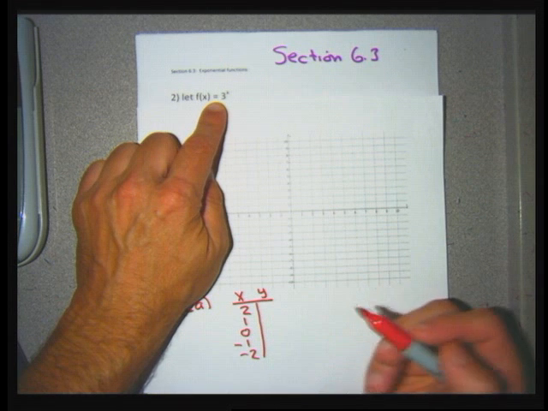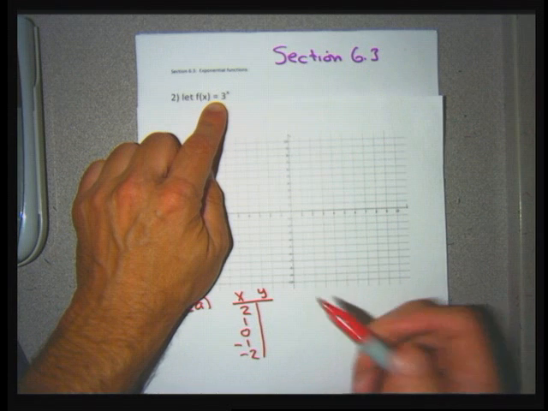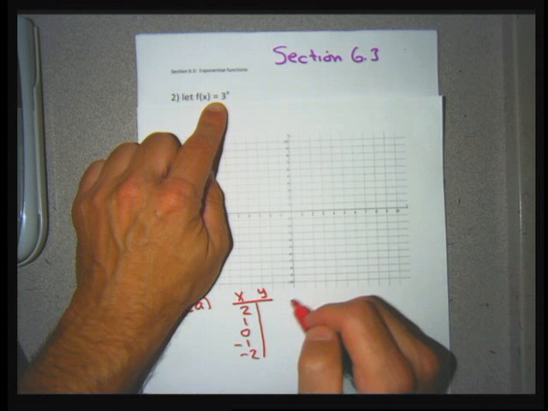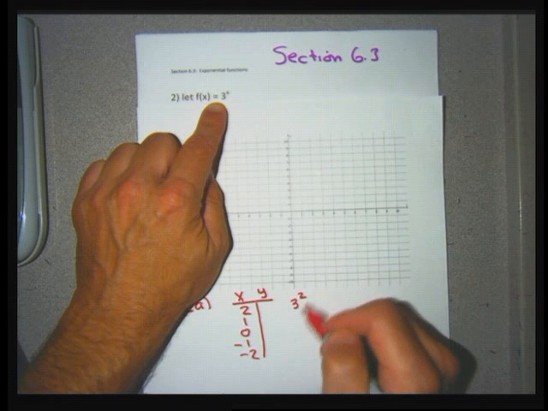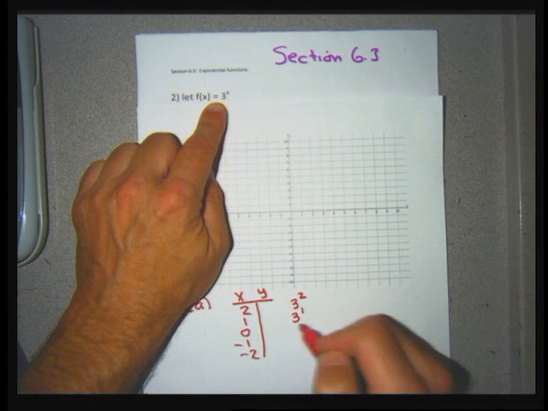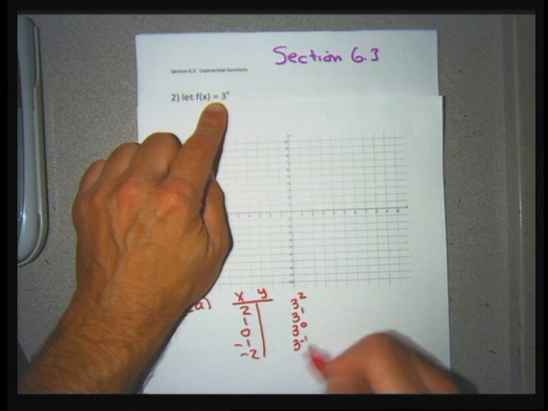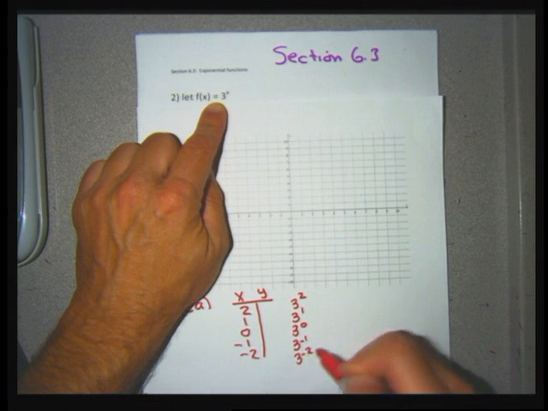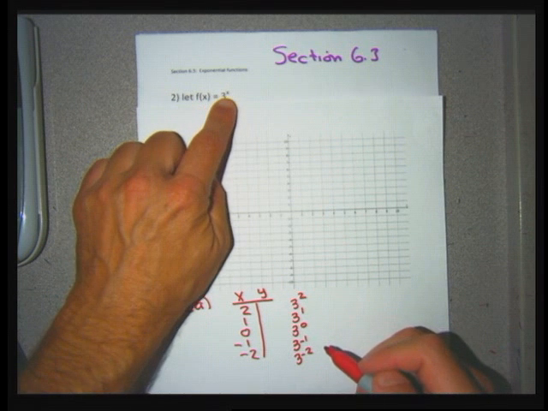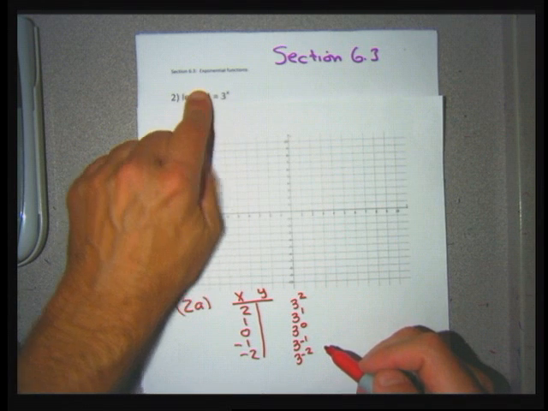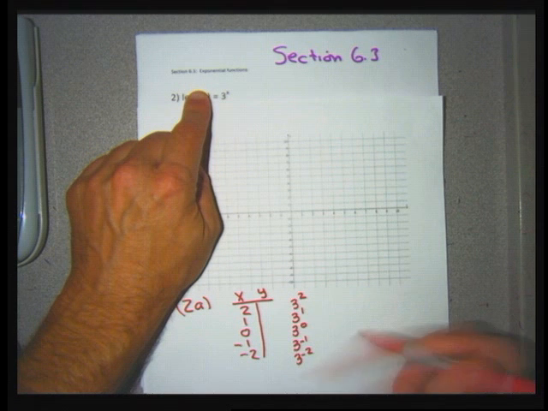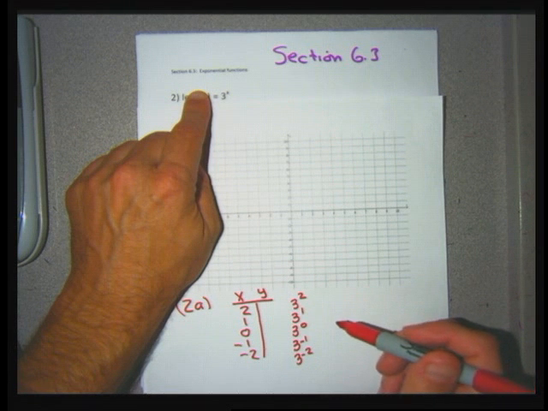My y's, I can write f of x, doesn't matter, they're equivalent. I'm going to find out what 3 squared is, 3 to the first power is, 3 to the 0 power, 3 to the -1 power, and 3 to the -2 power. That's just changing the x in the equation 3 to the x to those 5 numbers. And now I'll get the y's that correspond.